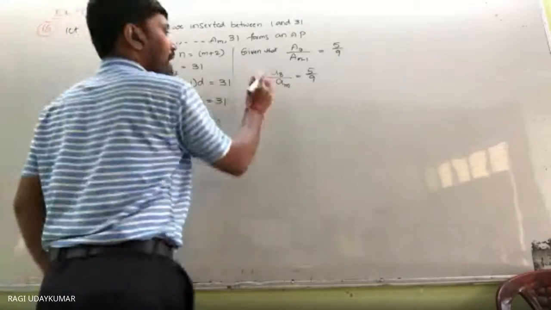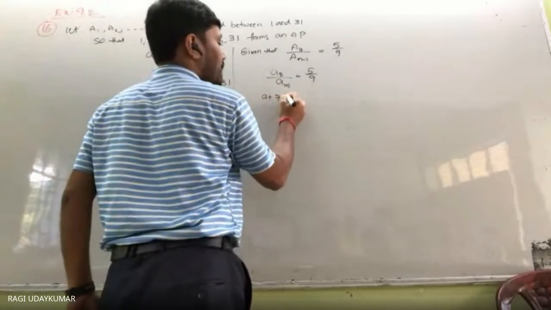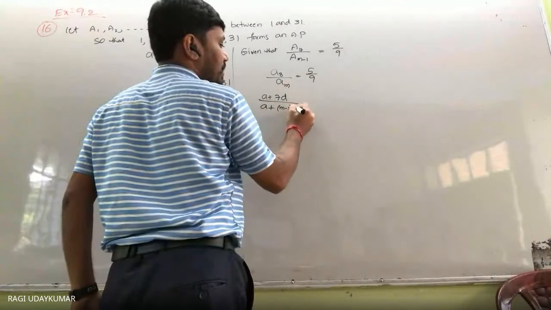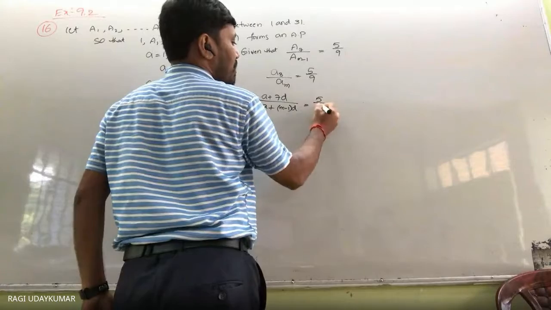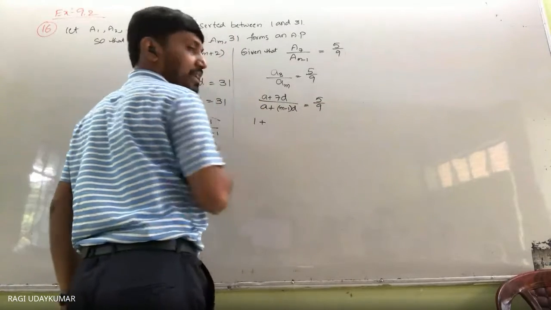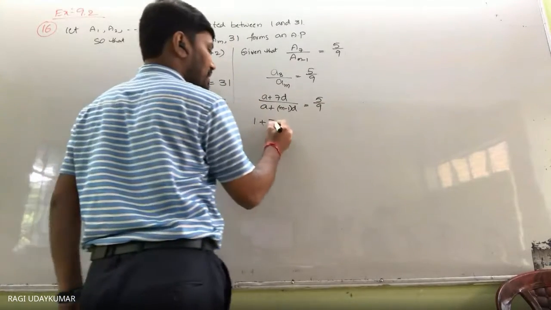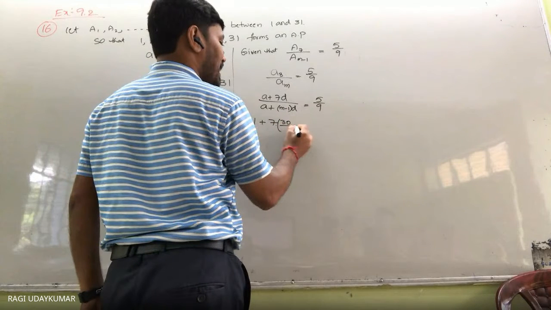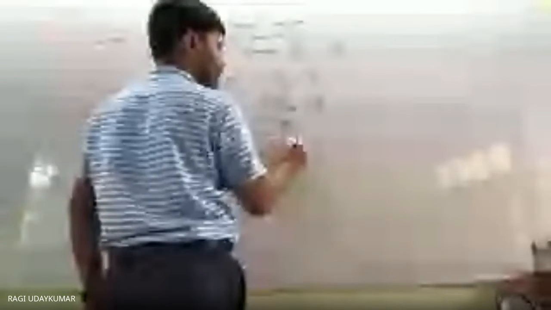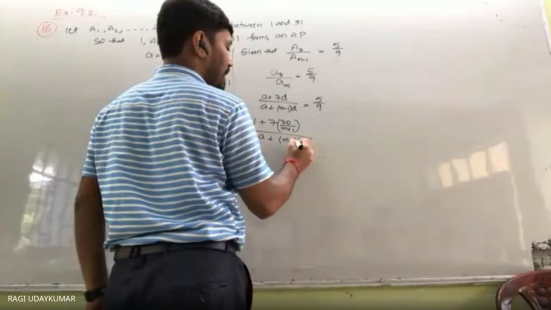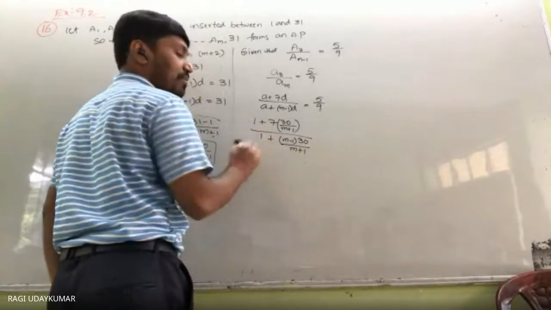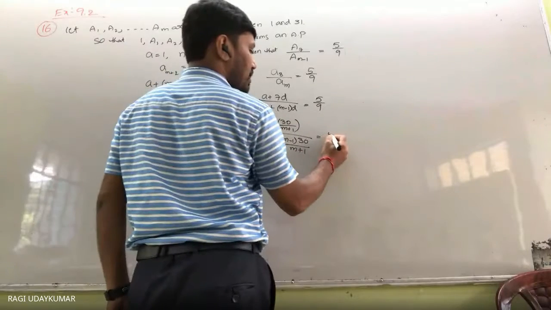Okay. So now a8 is nothing but a plus 7d by a plus (m minus 1) into d. This is equal to 5 by 9. And the a value, substitute 1. 1 plus 7 into d, where d is equal to 30 by (m plus 1), by 1 plus (m minus 1) into 30 by (m plus 1), which is equal to the 5 by 9 value.